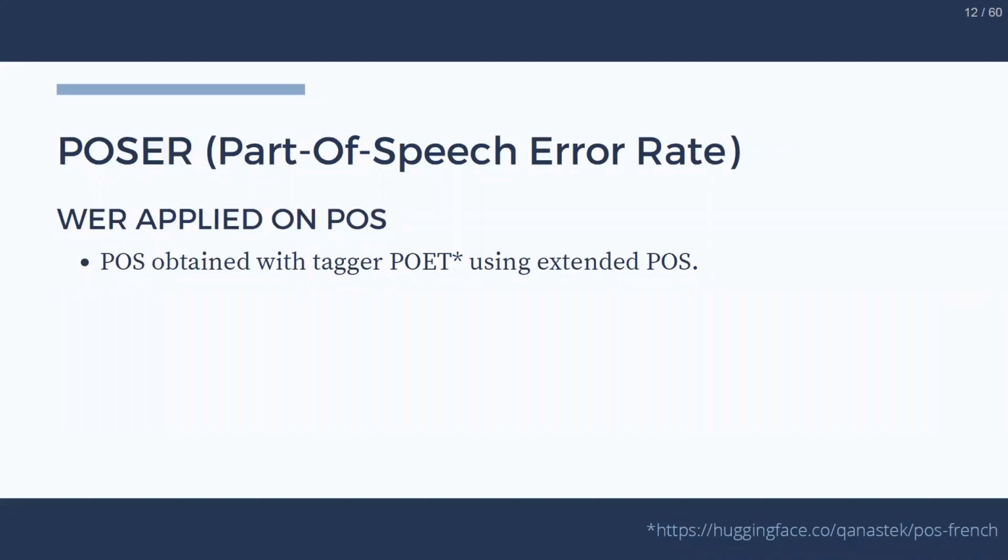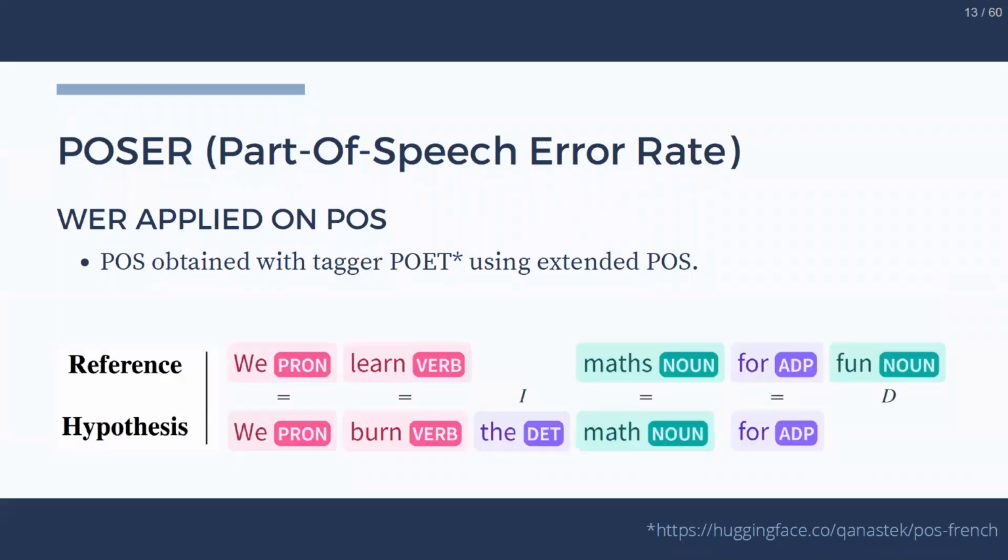The part of speech error rate is an evaluation metric that uses parts of speech. So here, for example, we can have a part of speech tag with our tagger. And here we have pronoun, verb, noun, etc. And we will apply a word error rate on the part of speech.